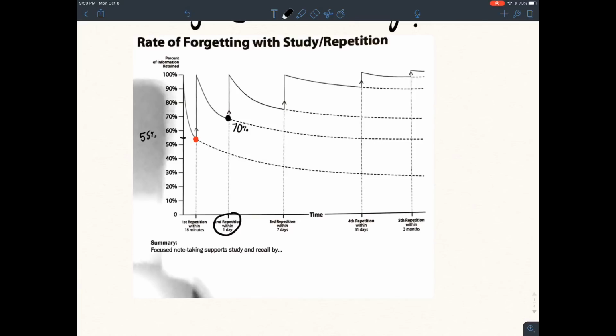You need to see it a third time within 7 days, which will bring your memory up to about 80% understanding. A fourth one within 31 days brings it up to a little over 90. And then within 3 months, if you see it 5 times, you'd be able to memorize about 98% of that information, which is basically the magic tool for teaching you how to remember stuff always.